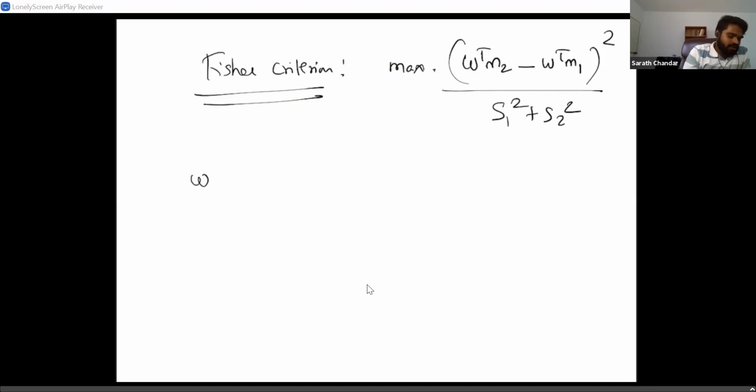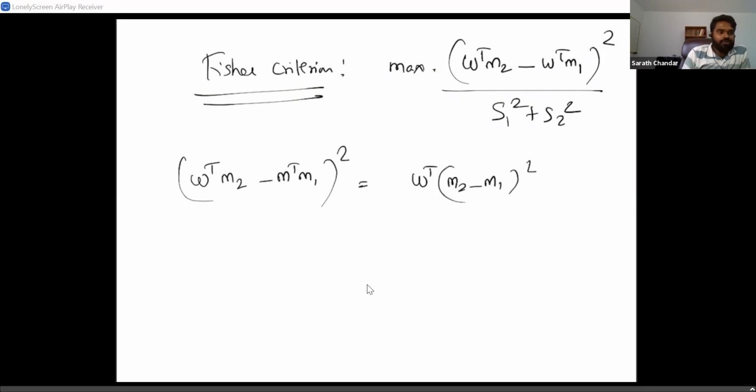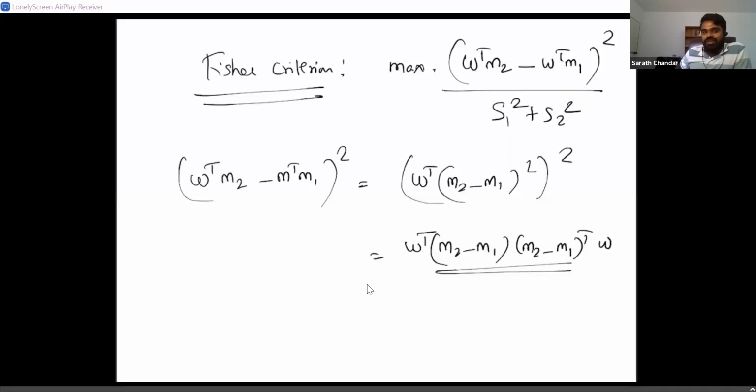So let's take the numerator, W transpose M2 minus W transpose M1, the whole square. This is given by W transpose times M2 minus M1, the whole square. Now we have done this before, so I can write this as W transpose, M2 minus M1, M2 minus M1 transpose, W. Now the term in between is equivalent to the variance, but this is the between class covariance matrix.